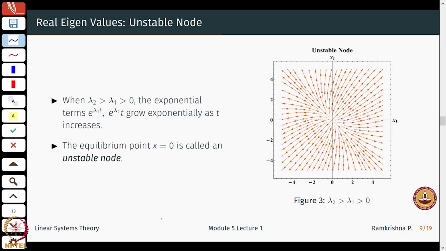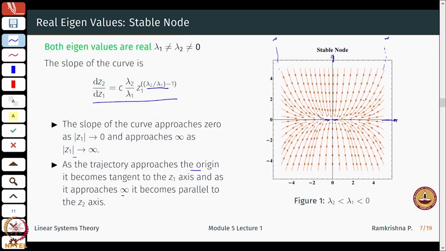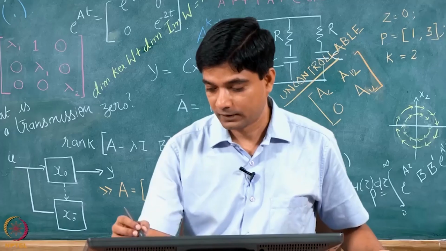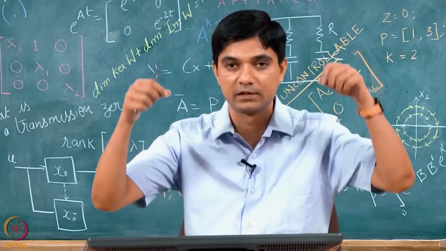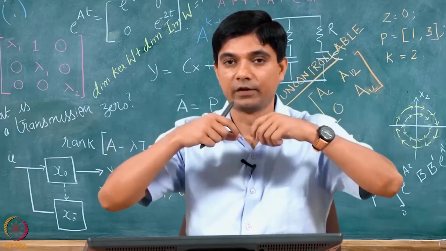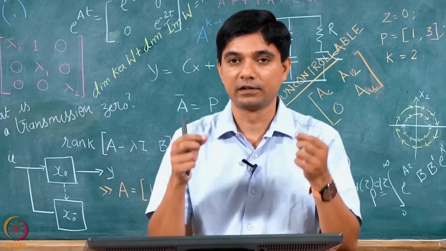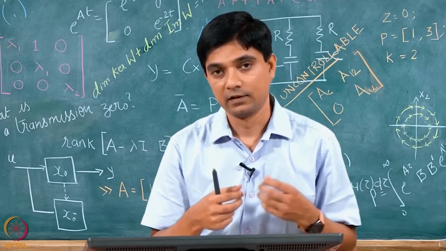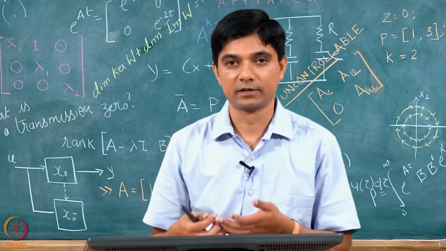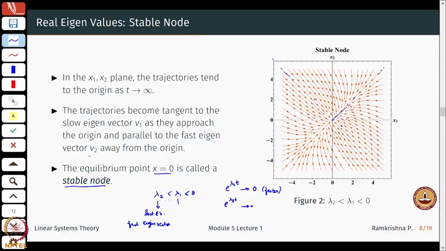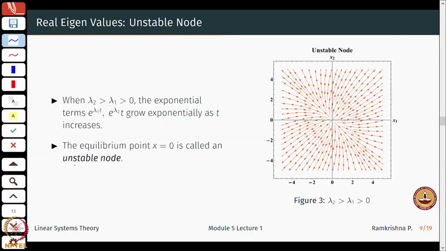If I plot it in the z1 z2 plane, it will be the same except with the arrows reversed. All trajectories starting near the origin will tend to go away from the origin, whereas in the stable node case, they come back to the origin. If your initial condition is the origin, you will always be at the origin. In this case, the equilibrium point is called an unstable node, for eigenvalues greater than 0.